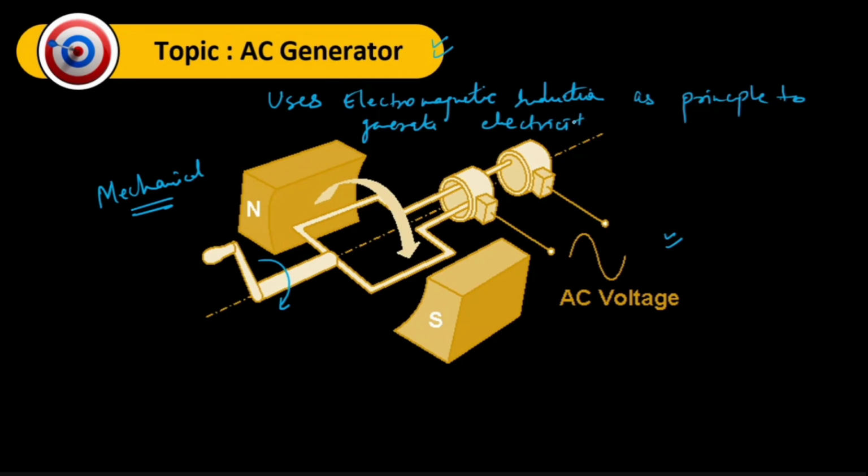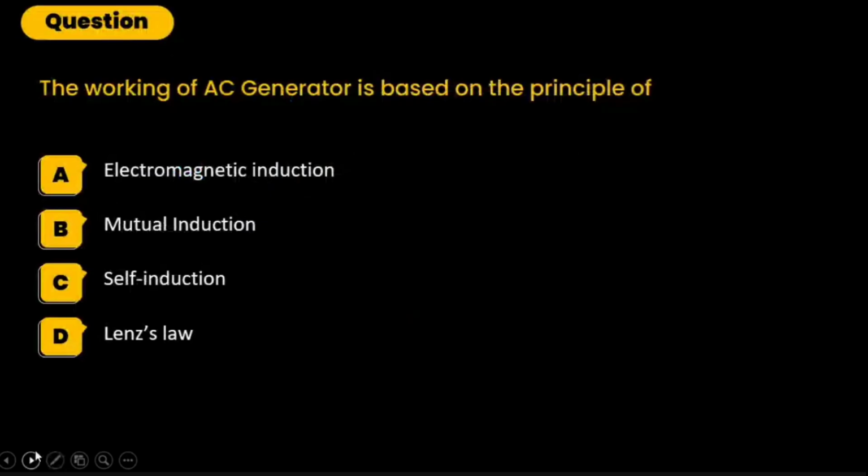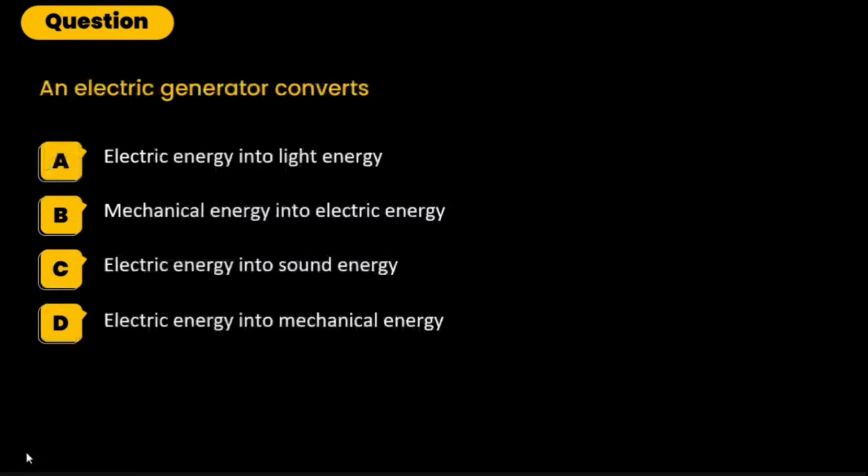This is a very popular model topic which students prepare for science exhibitions, in which they produce electricity by converting mechanical energy into electricity using an AC generator. So the working of the AC generator is based upon the principle of electromagnetic induction. That is something you need to understand. The AC generator converts mechanical energy into electrical energy. Again, a very basic thing, and you need to understand it.